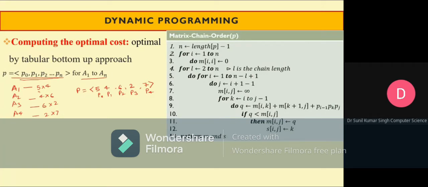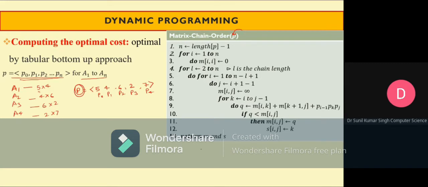Now what we are going to do in this particular algorithm is pass this P here. Now the point is, we have mentioned that we create a table to store the intermediate values.